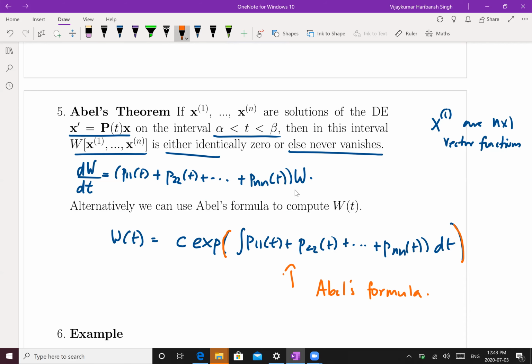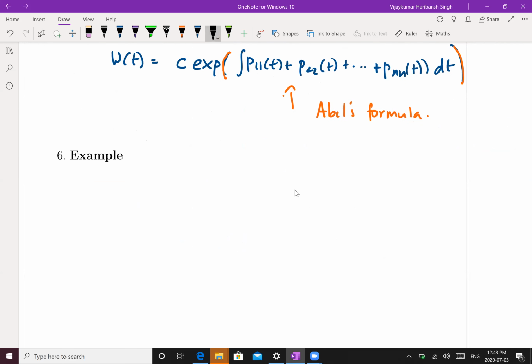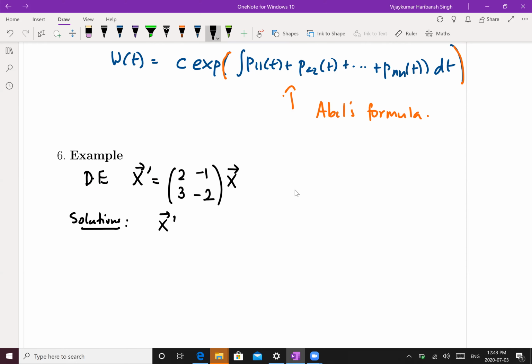Now let's look at an example. Let your differential equation be given by x prime equals the matrix [2, -1; 3, -2] times x. The solutions are also given to you. x1(t) is (1, 1) e^t, and x2(t) is (1, 3) e^(-t).